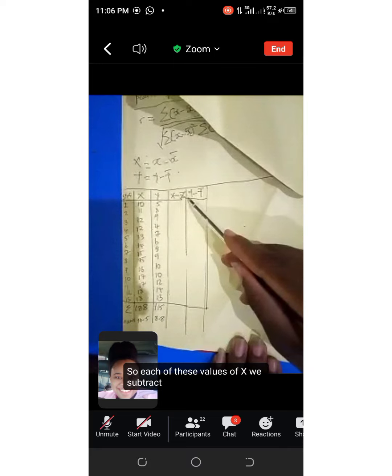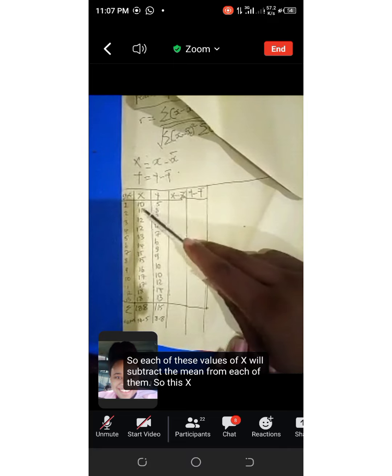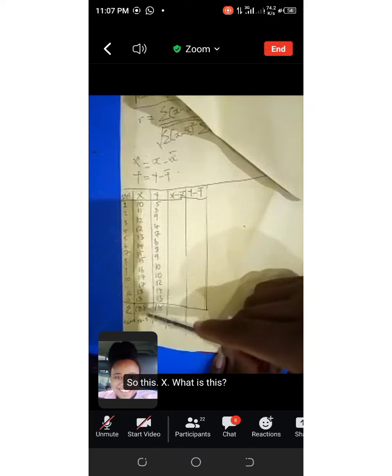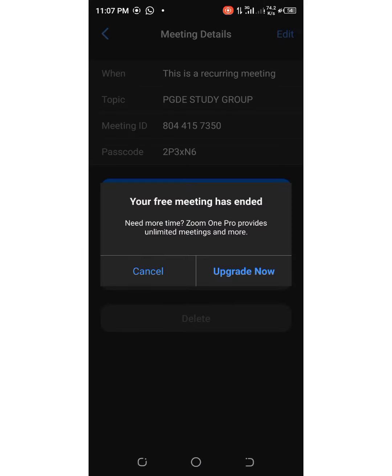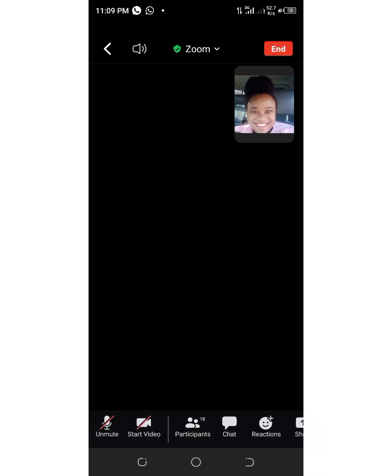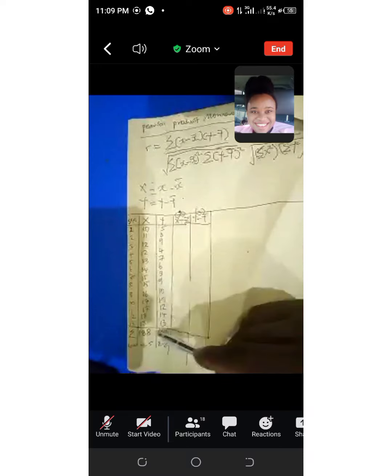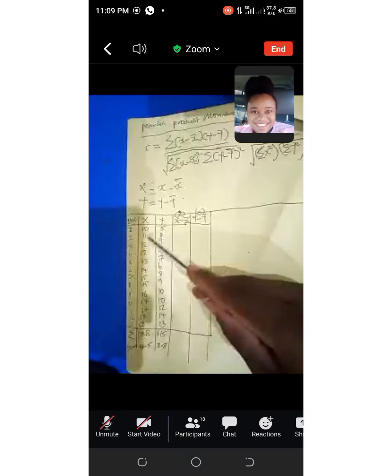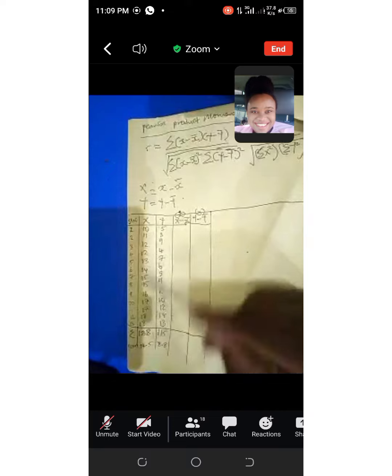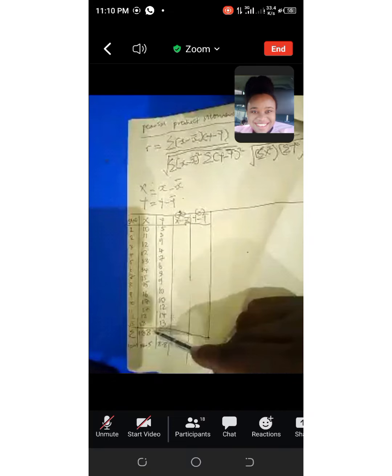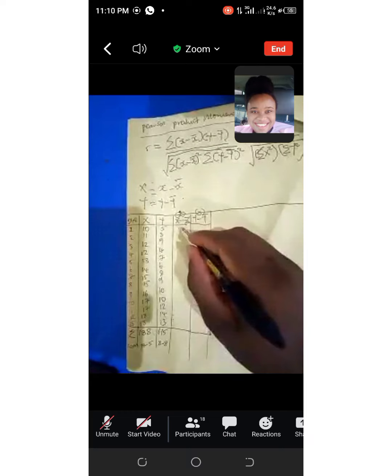So this x is 10, and the mean is 14.5. So we'll now do 10 minus 14.5, 11 minus 14.5, 12 minus 14.5. That's to get x minus x bar.